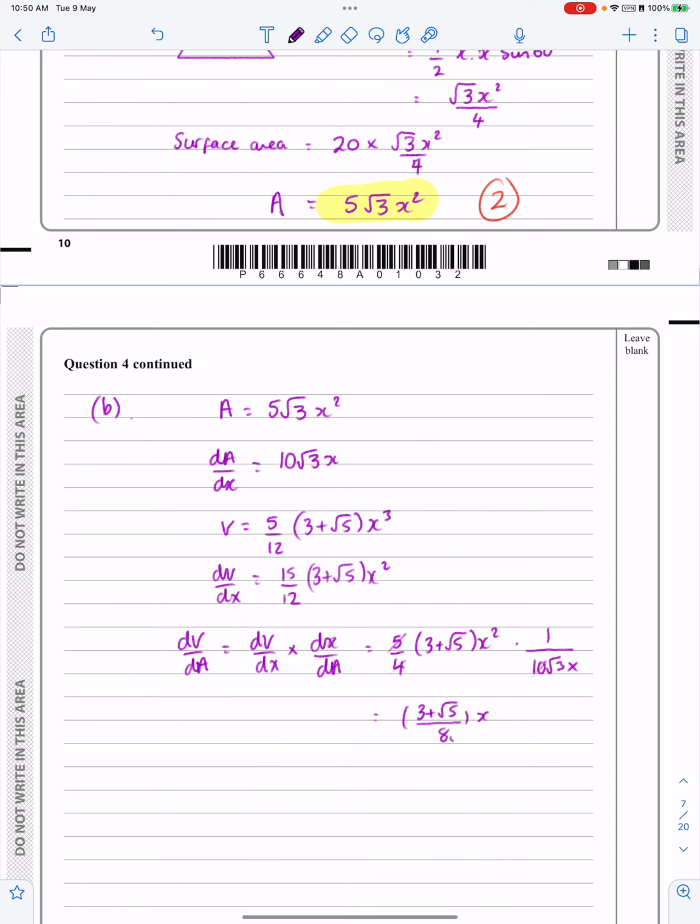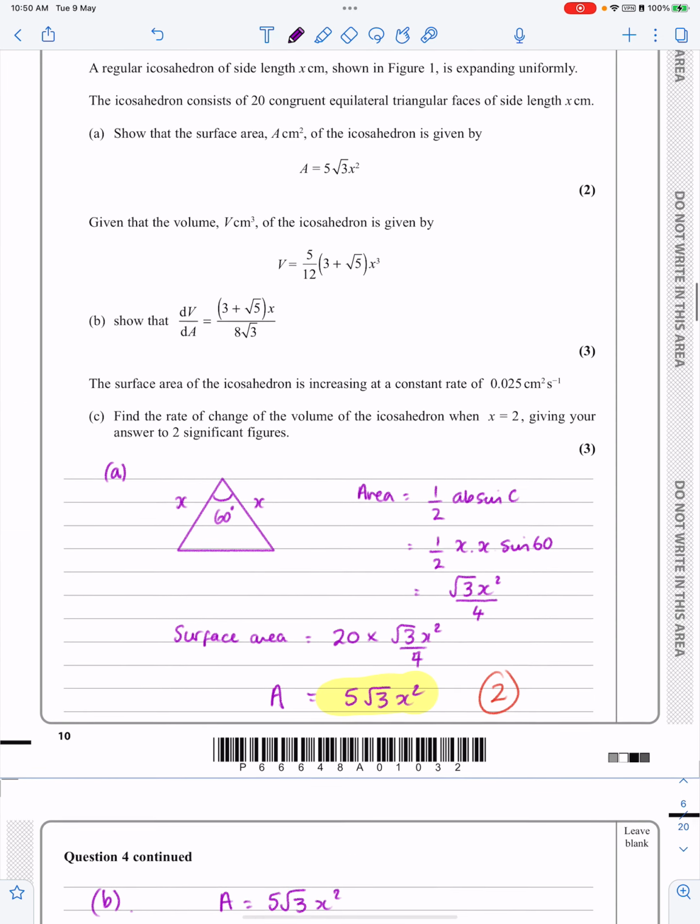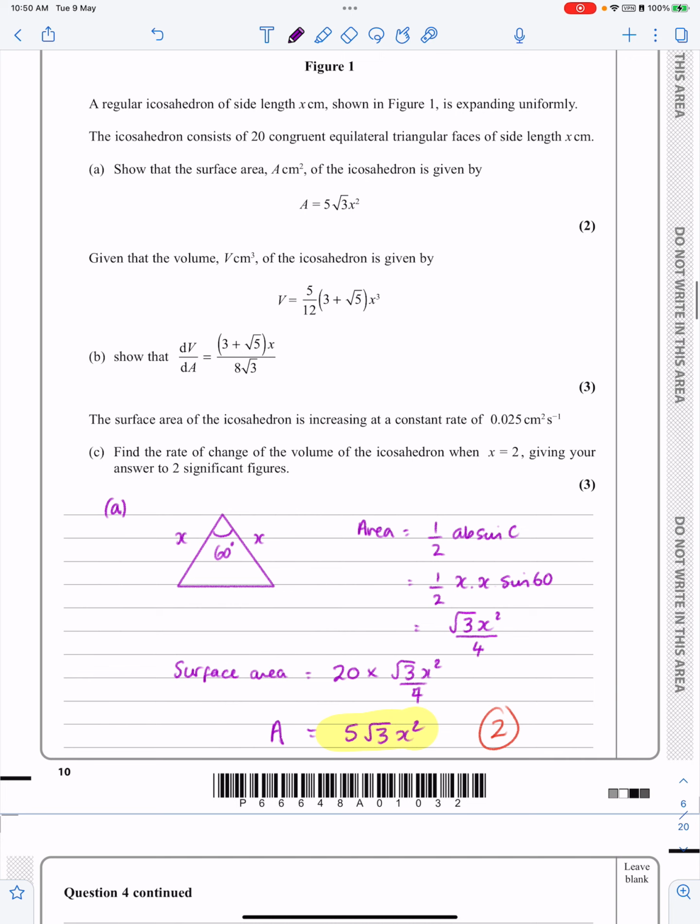And there's a root 3, so I'm missing a root 3 on the bottom there. Move that over. So that's my dV by dA. Is that what I was asked for? Yeah, dV by dA. Oh, sorry, I was trying to prove it's equal to that, so that's absolutely great.